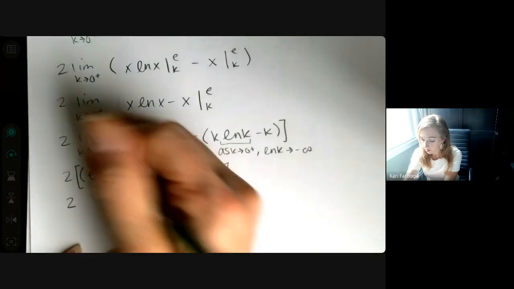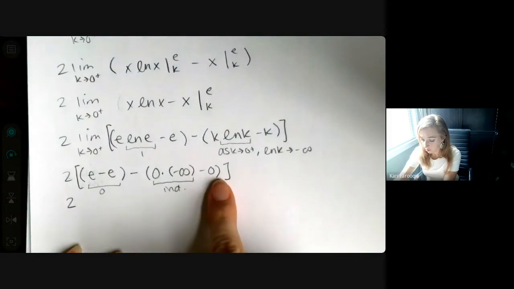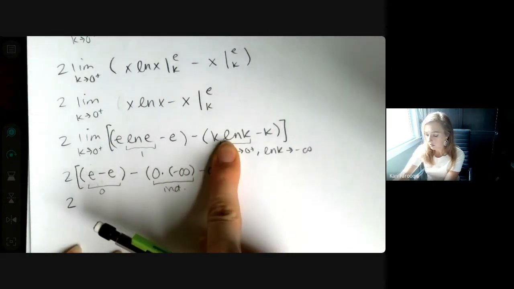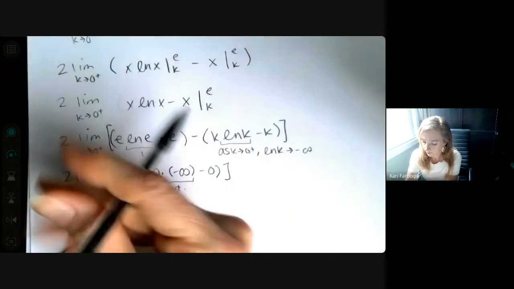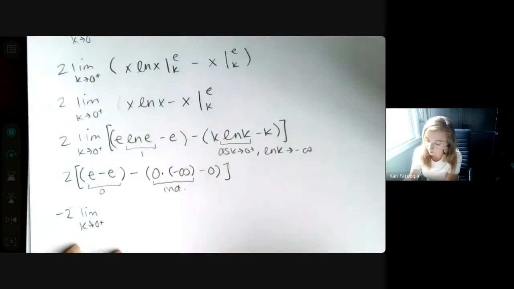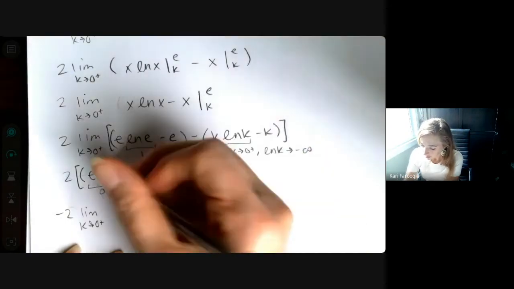The indeterminate form came from this piece. We got a 0 here. No big deal. This is a 0. I just need to focus on this particular integral. I'm going to take the negative sign and put it in front of this function. And then we're going to use L'Hopital's rule on it. K ln k.